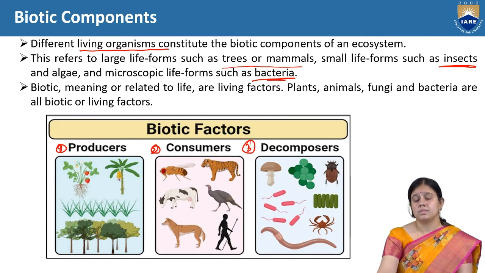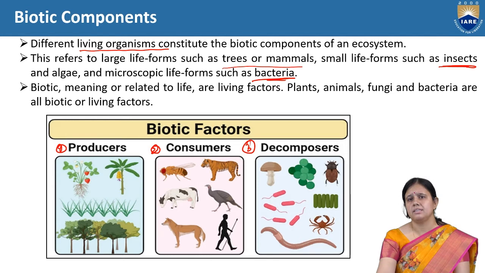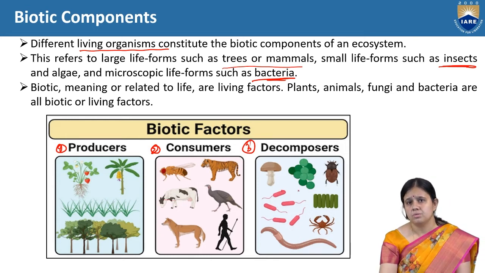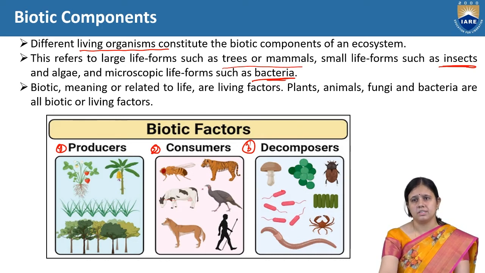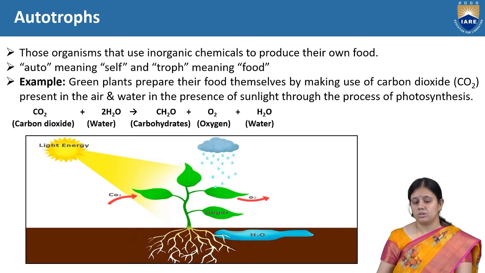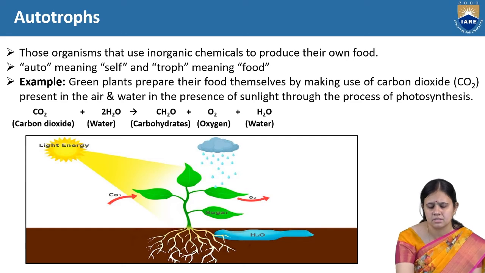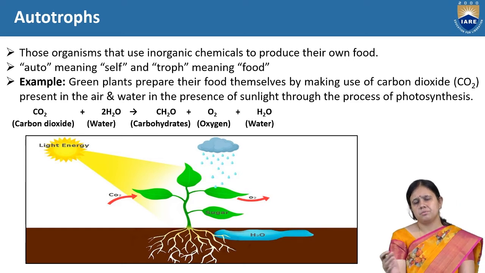And biotic, as the name suggests, is related to life or living factors. Plants, animals, fungi, bacteria are all living factors, and they are of three types: producer, consumer, and decomposer. Producer will produce energy, consumer will consume energy, and decomposer will decompose the energy. Now come to the point of autotrophs. Autotrophs, as the name suggests: auto means self and troph means food.